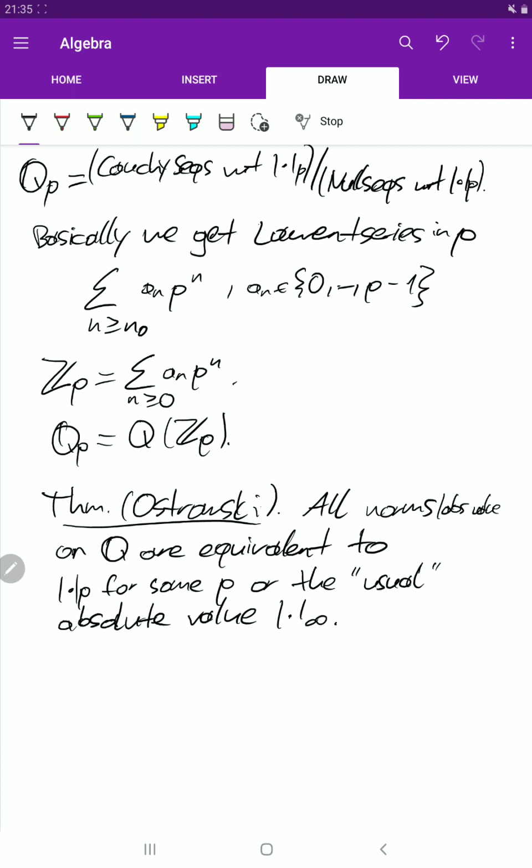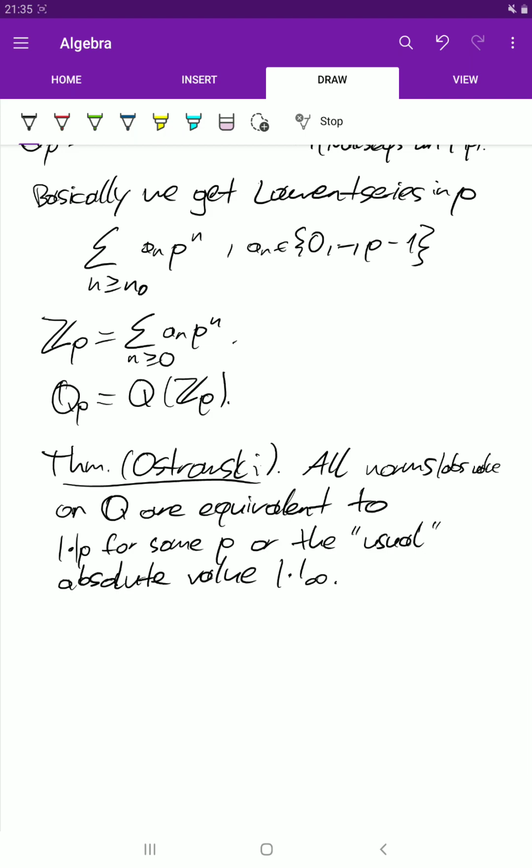Of course one has to define norm equivalence, which is not hard, but which I don't want to do now. But basically this tells us that we have found all the norms already.